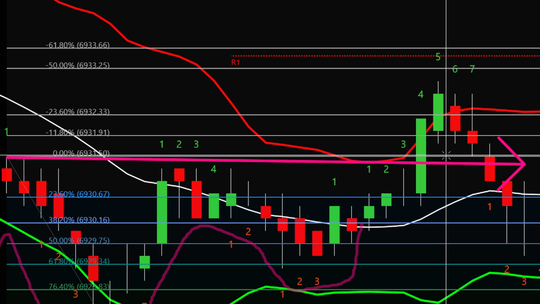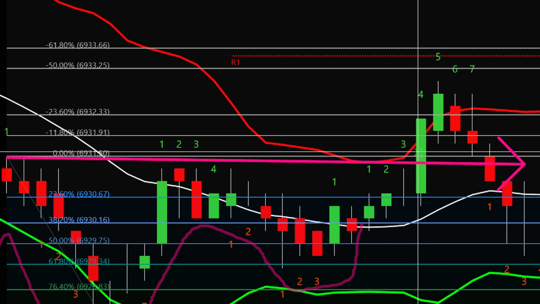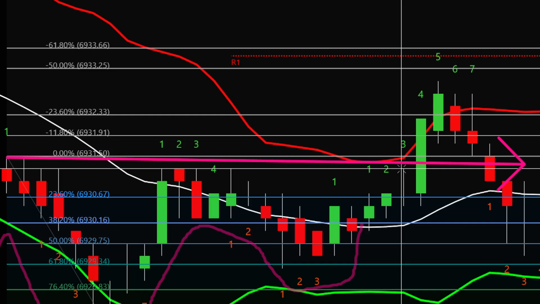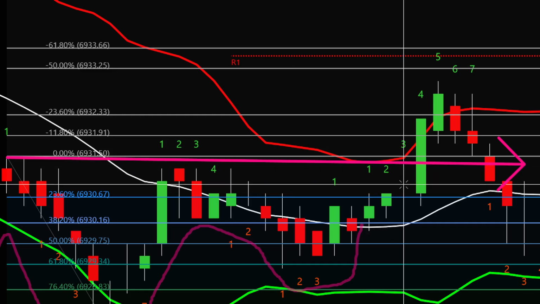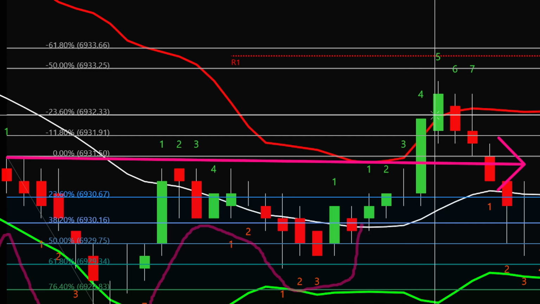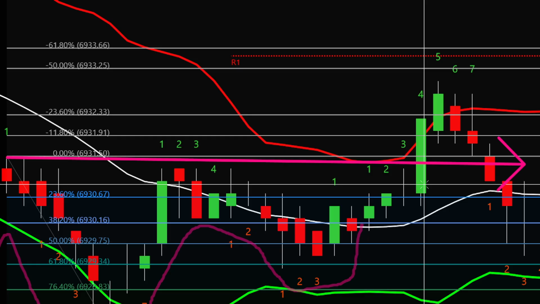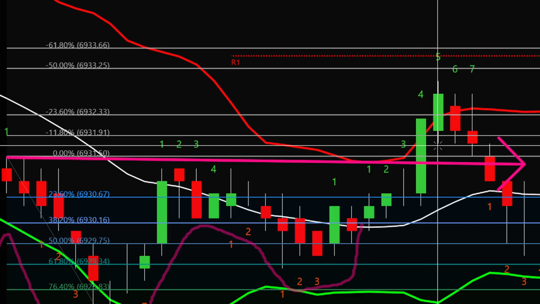a fair value gap right here, small, but there is a fair value gap. Fair value gap, for those of you that don't know, you see this wick on this candle right here. You see this wick on this candle right here. So we'll call this candle number 1, candle number 2, candle number 3.